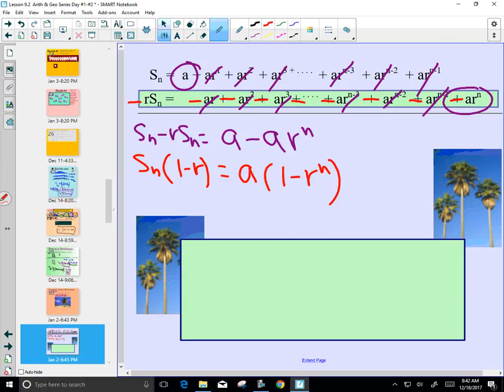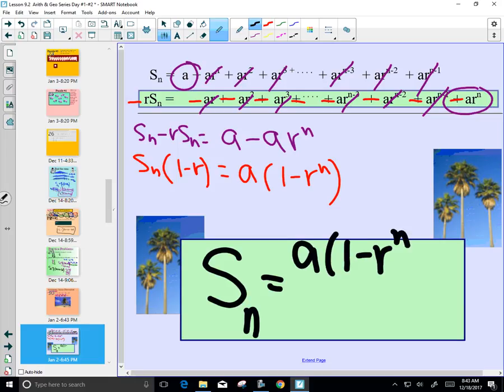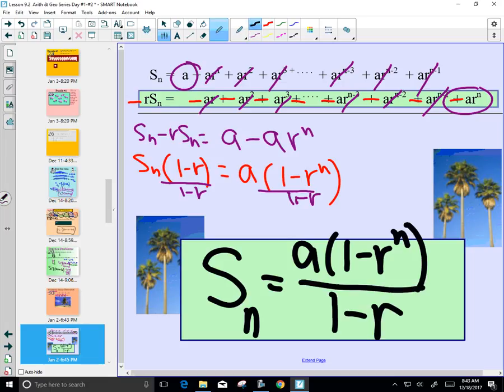So when I solve for s sub n, I'm going to get a times 1 minus r to the n. And what am I going to divide by? Divide both sides by 1 minus r. And that's my formula for a geometric series.